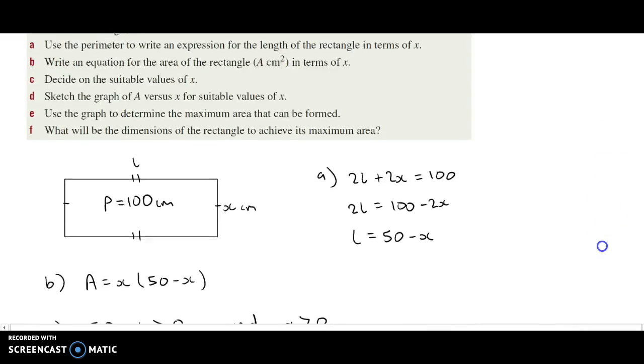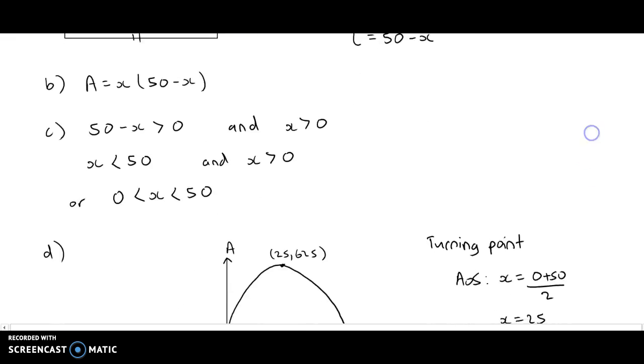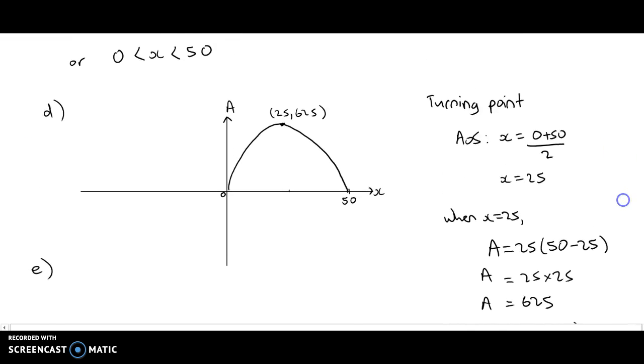Part E is asking us, use the graph to determine the maximum area that can be formed. Now, the maximum area that can be formed can just be found by looking at the maximum, so in other words, the turning point on the parabola that we've sketched. The maximum area is just going to be this maximum point here, our turning point.